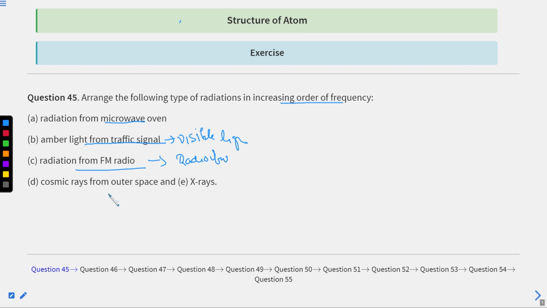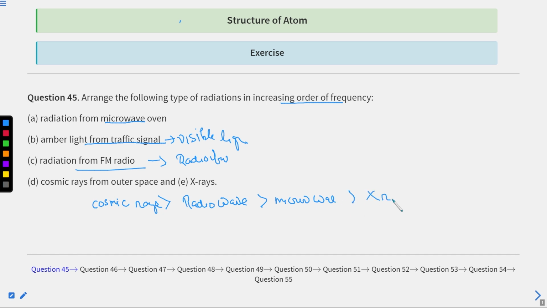So first comes the one with the highest wavelength, the cosmic rays. Then we have our FM, that is radio waves. Then comes your microwave.